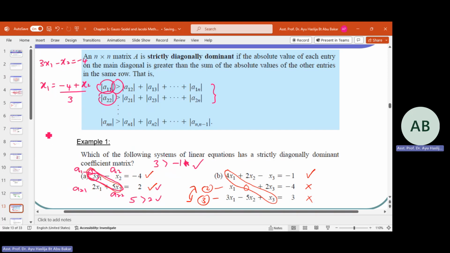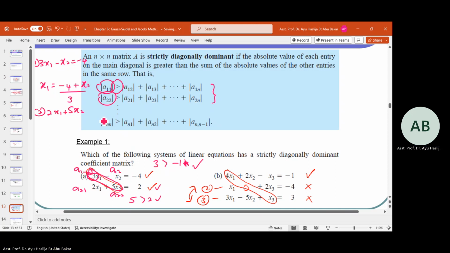Then from the second equation, 2x1 plus 5x2 equals 2, you generate x2 over 5. So these are the equations for the x's that you will be using in your iteration.